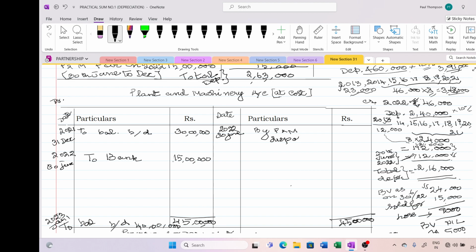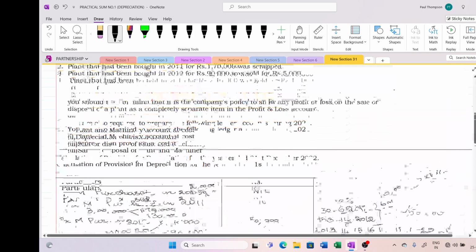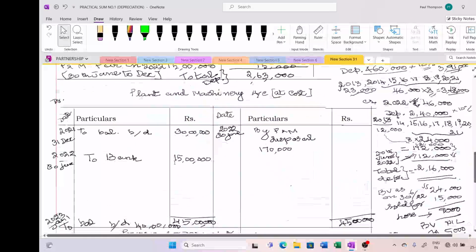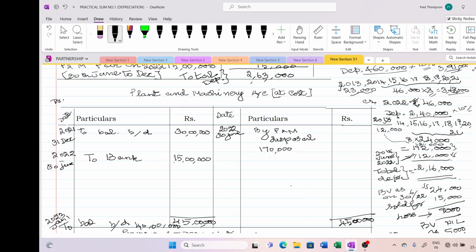What are the machines that are going? One machine they are saying which cost 1,70,000 is scrapped. Then one more machine for 90,000 they have sold it. And one more machine 2,40,000 was also sold.